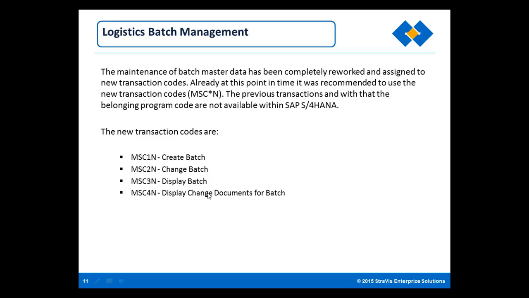The new transaction codes carry the extension N. In ECC, if it is MSC1, now we should use MSC1N to create a batch, MSC2N for change, MSC3N for display, and MSC4N for change documents for batch. So the previous transactions are now obsolete, and we need to use these new transactions going forward in HANA.